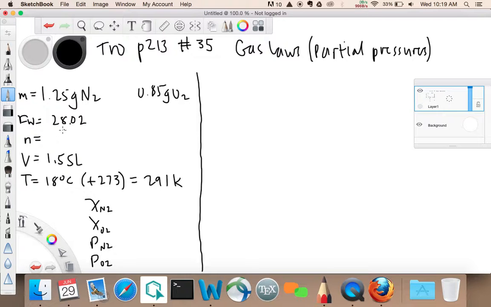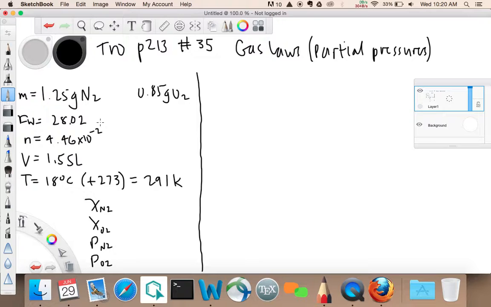I don't want to put the grams per mole there, but I'm going to suppose that the viewer of this video has done this enough that they know how to get this. If it's grams, it's going to be divided by grams per mole. 1.25 divided by 28.02 is 4.46 times 10 to the negative 2.